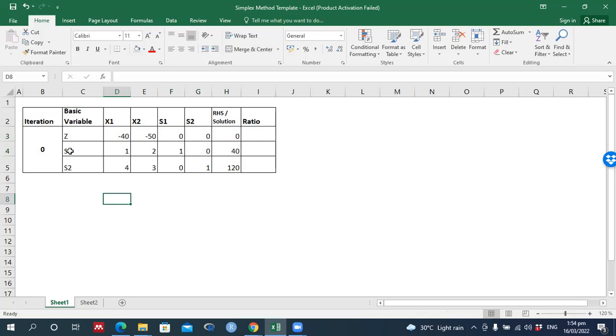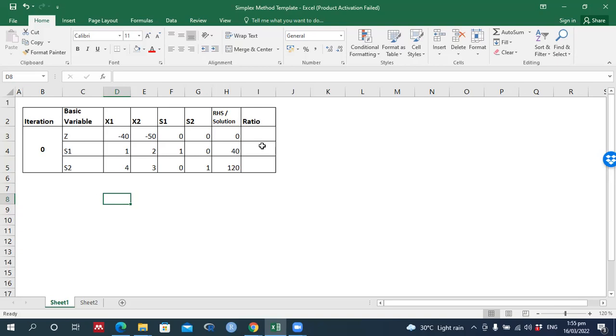What is this table giving us? It is giving us the constraints and then the objective coefficients, and it is also giving us the right-hand side values of the table. Now, how do we go ahead with our solution? There are steps to follow.